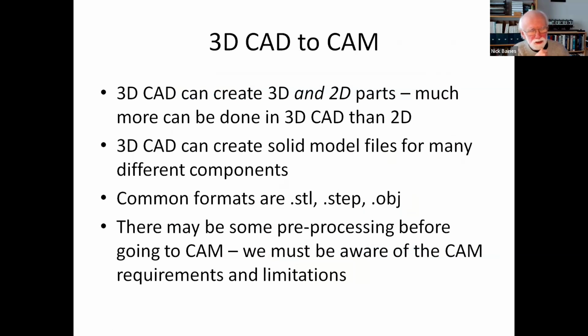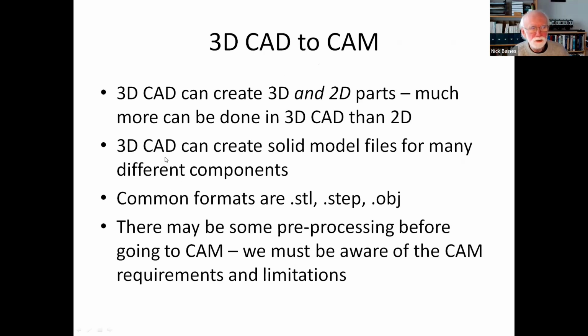So you can begin to see, I think, that the real object of doing all this CAD is to manufacture parts using CAM. So when we go from CAD to CAM, first of all, 3D CAD, it can produce 3D and 2D parts, as you can see. The difference is that you can do a lot more in 3D than you can in 2D.